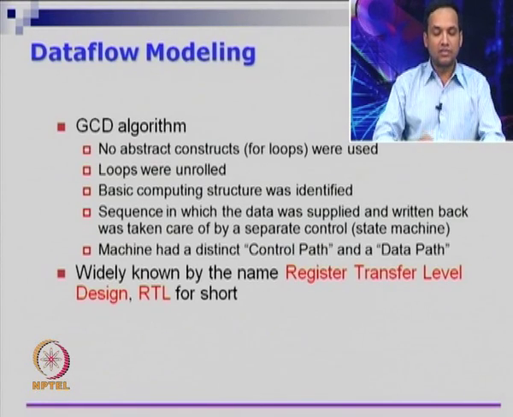The implication is that you start looking at basic modules and these basic modules in turn are connected. So, you have basic registers and various arithmetic units and logic units and so on, which are all connected together, which form the data path, and a control machine or a state machine which controls the sequence of these events. Such a level of design is called RTL, and we are going to see RTL models for pipeline circuits in this lecture.